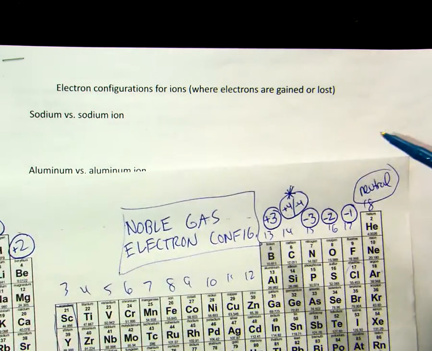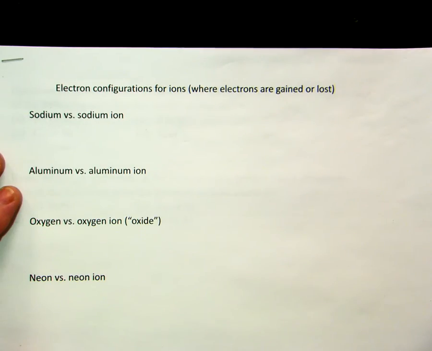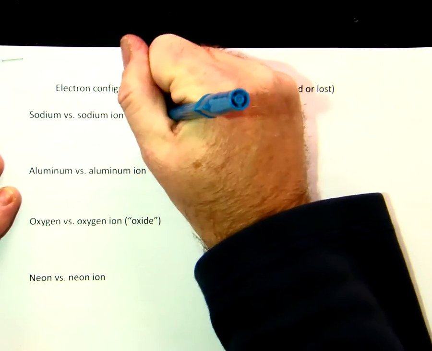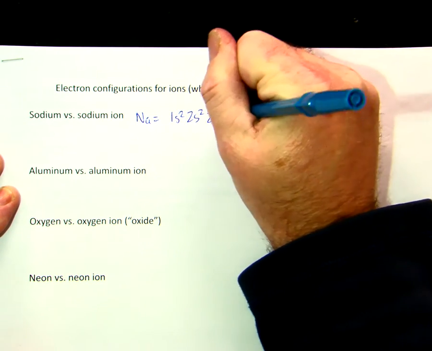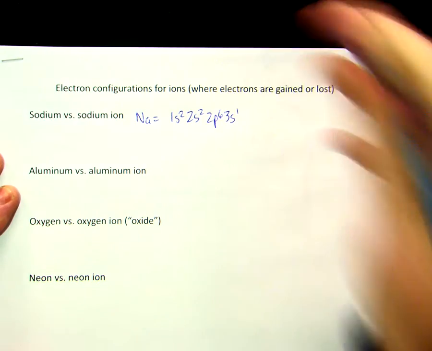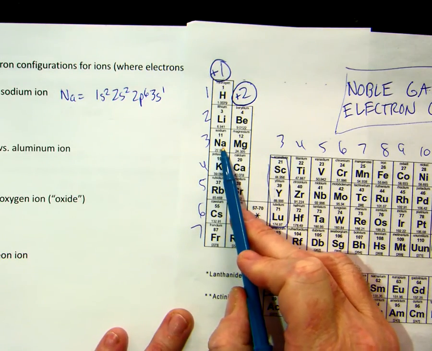So let's talk about the electron configurations. We just had an exam on it, and so if we asked you what the electron configuration for sodium is, hopefully you would have just said, oh, that's easy. Sodium would be 1s2, 2s2, 2p6, 3s1. Right there, 3s1 would be the last configuration.